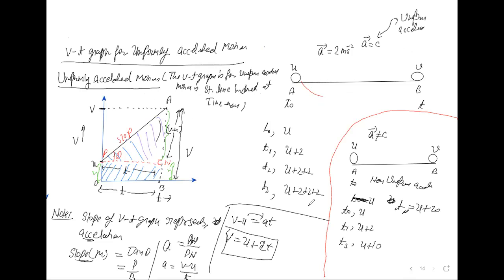I think you have already drawn the graph in your notebook. Use this and we will calculate the next equation, S is equal to ut plus half at square.